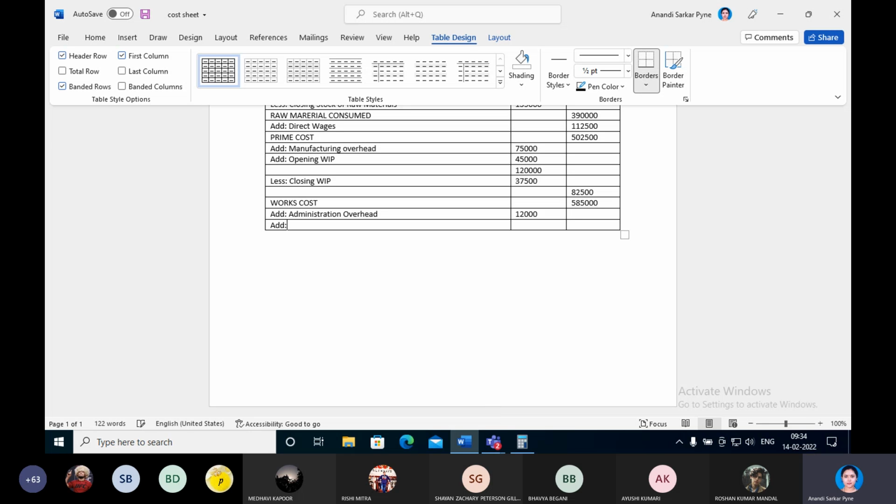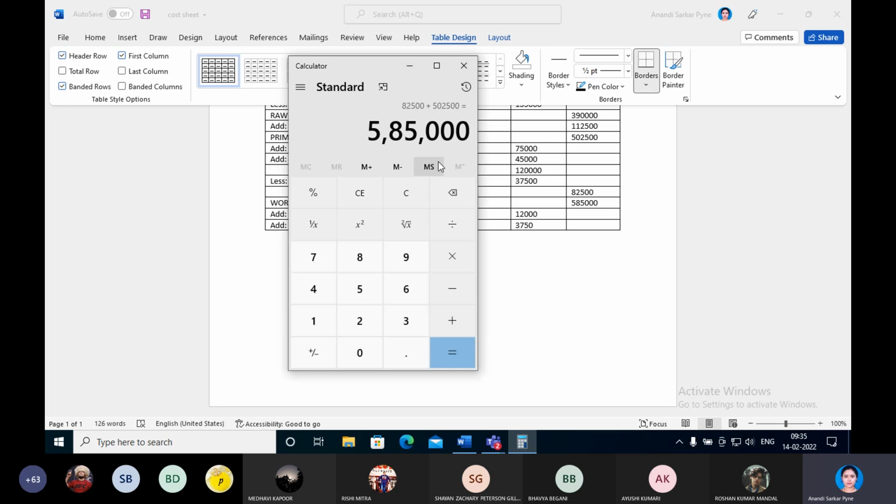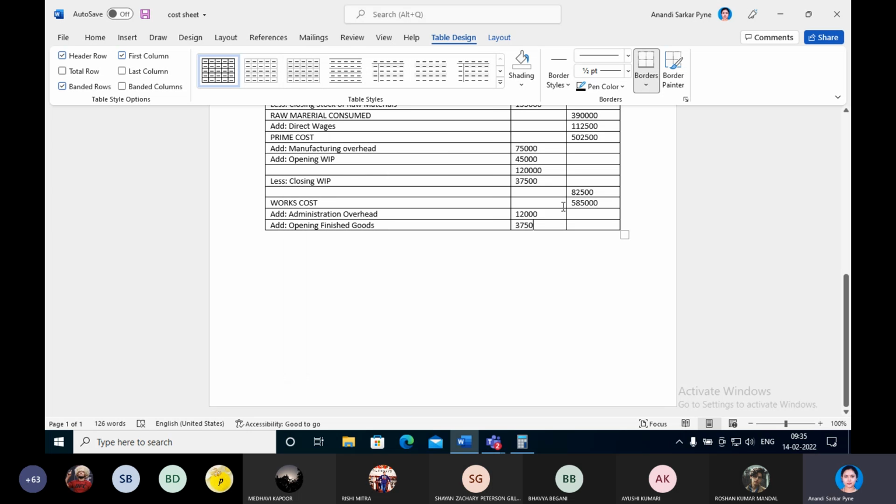Along with that, add opening finished goods, which is 3,750. So 12,000 plus 3,750 is 15,750.